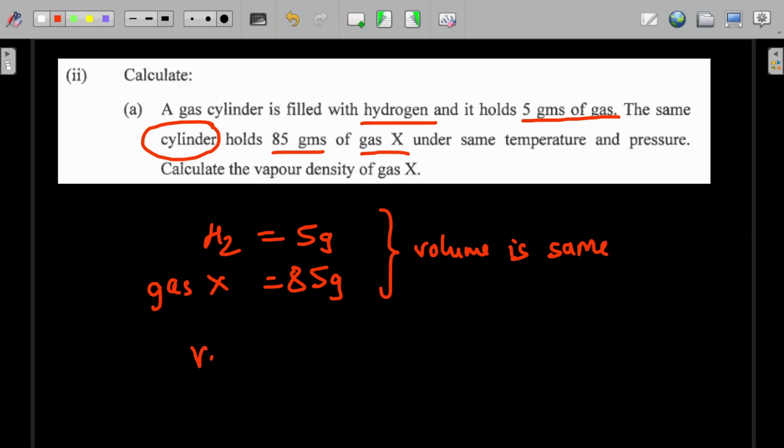Calculate the vapor density. So vapor density is equal to 85 by 5, which is 17. 17 will be the vapor density.